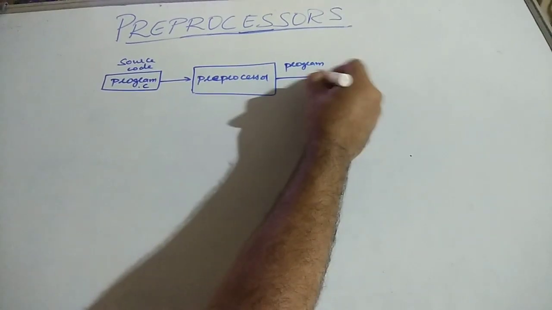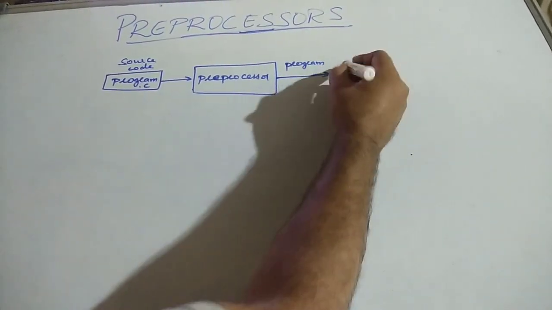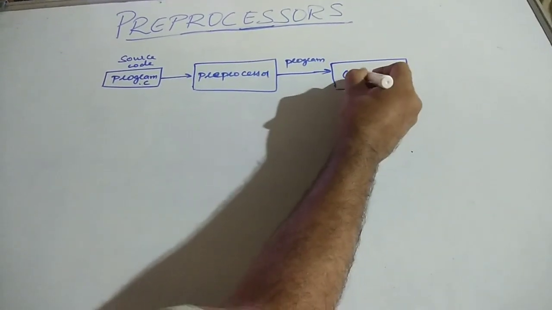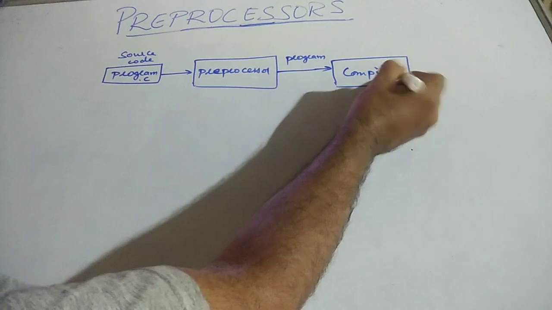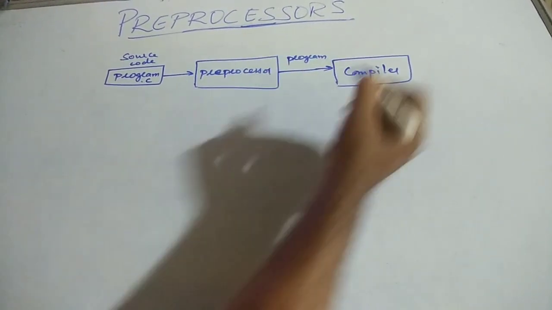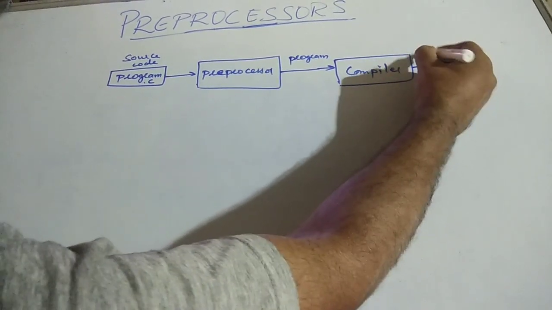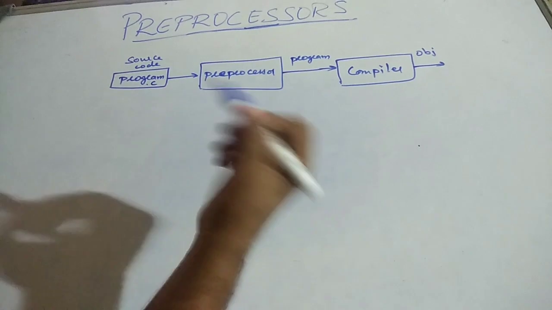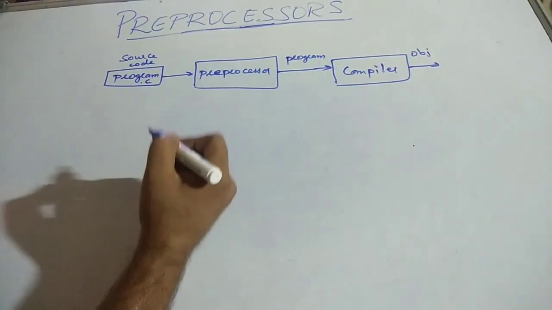Next, this file is sent to the compiler. So what does the compiler do? The compiler checks for errors and converts the file into an object file. So the output of the compiler is your object file. We'll get a file called program.obj.